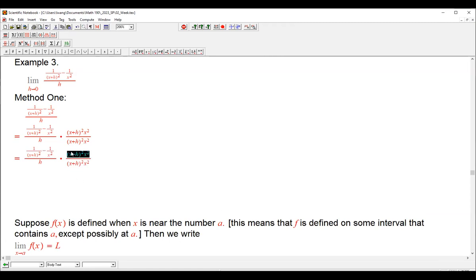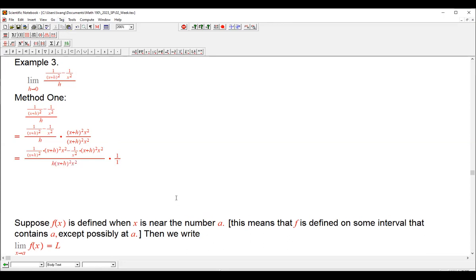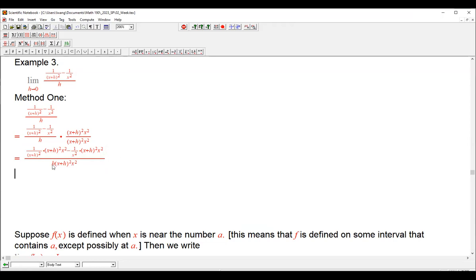Now we're going to take this numerator and multiply each term in the numerator. We can take the denominator and multiply the denominator, right? Product of fractions, so 1 over 1 becomes reduced.